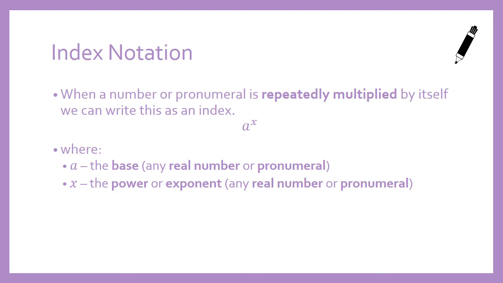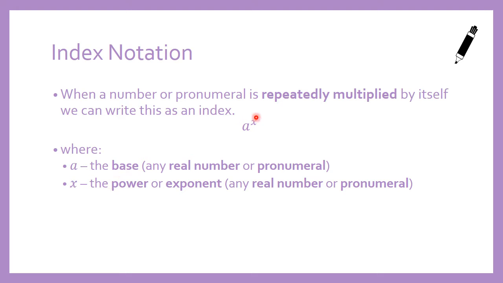So our index notation: when a number or pronumeral is repeatedly multiplied by itself, we write this as an index. In our example here, we have a to the power of x. Now a is the base, so it's any real number or pronumeral, so any variable, any letter or number, or Greek letter.